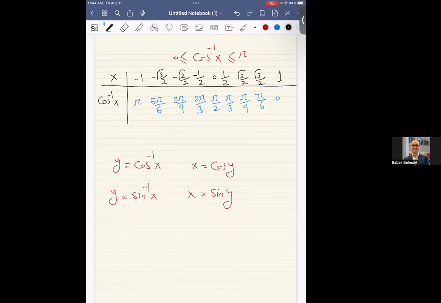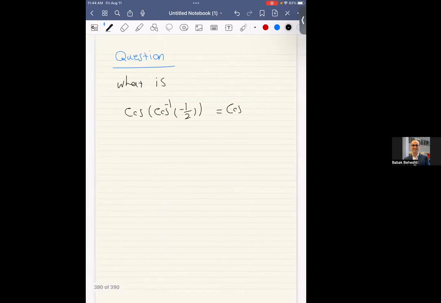Be careful. So what is cos inverse of -1/2? 2π/3. And cosine of 2π/3 is -1/2. So cosine of cos inverse of -1/2 is just -1/2. You go back and forth.